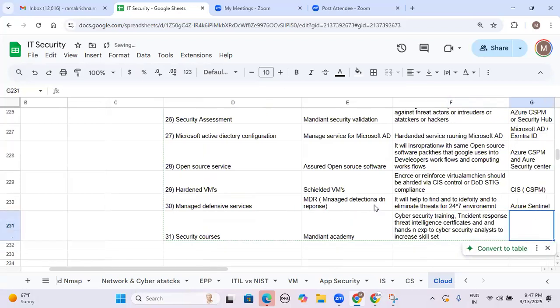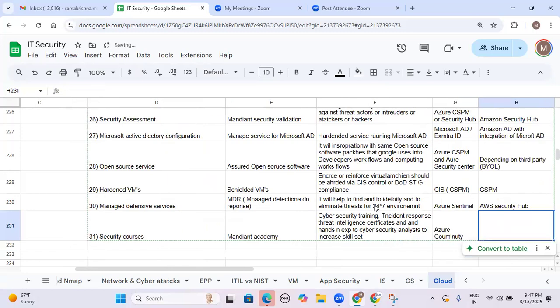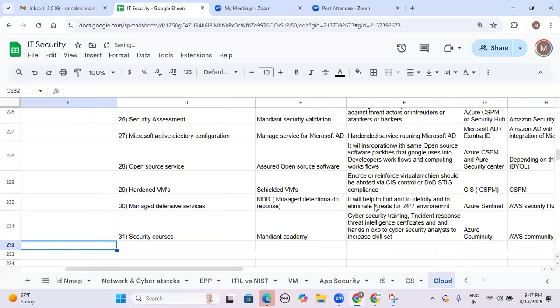So on the Azure side, they have Azure certificate training. That is part of the Azure community. Here also we can call it Amazon community. So that is about security courses.